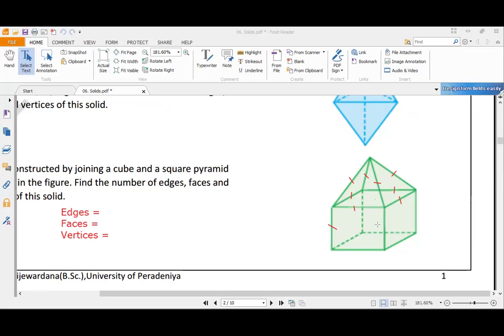Now in the cube, 9, 10, 11, and on the other side 12. And the bottom side, 12, 13, 14, 15, 16. So we have 16 edges all together.